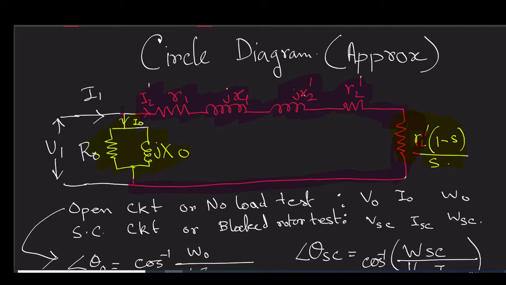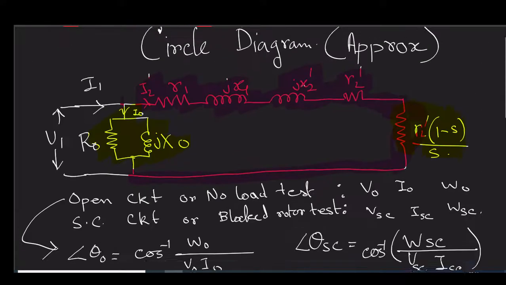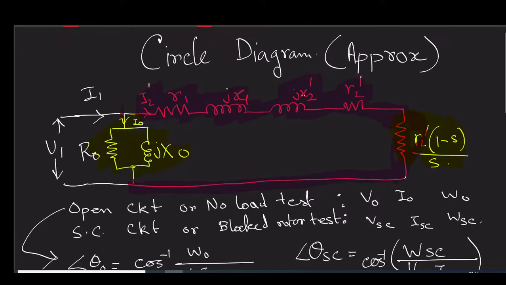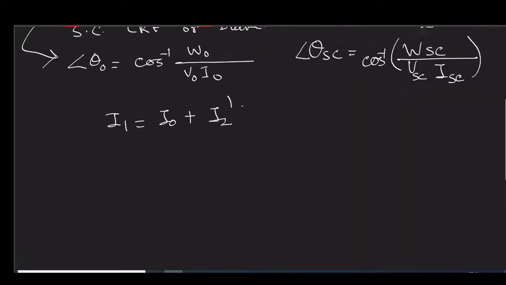Clearly, this is a circuit with constant X and variable resistance, right? So what about the diameter of the circle we can get? Let me write the equation.